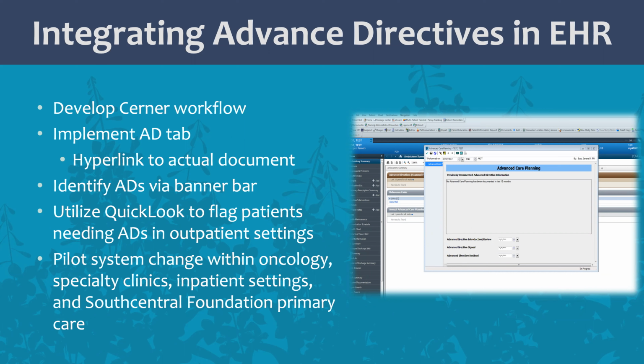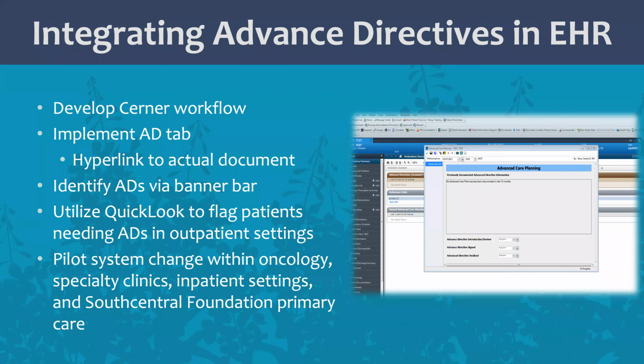Later on, we learned that you can create an M page. It's called an M page in our system, which is almost like a tab where providers can quickly click and find all the advanced care planning documents in one location, so they don't have to search throughout their whole electronic health record.